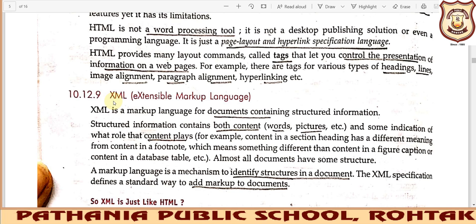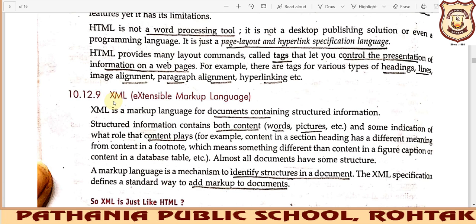Okay, XML focuses on content, meaning your words or pictures, whereas HTML focuses on the content as well as the formatting. So XML is basically focusing on the content only.